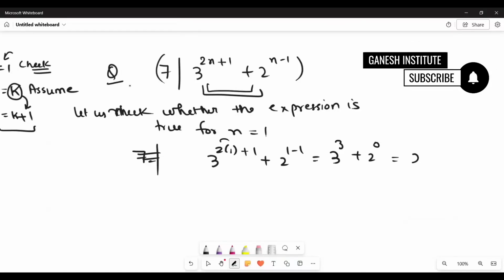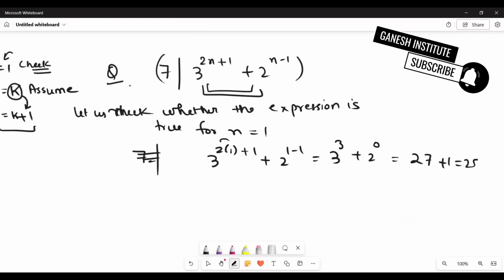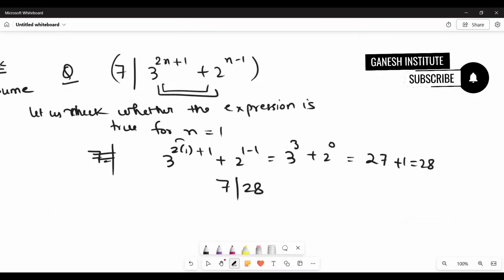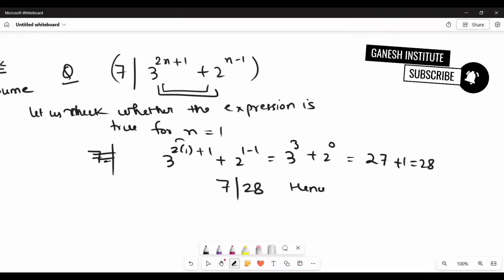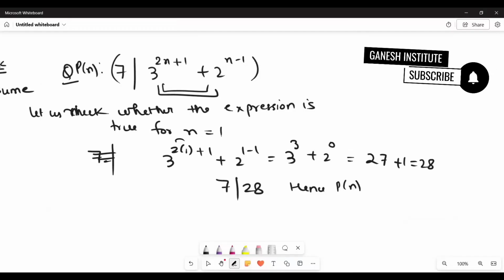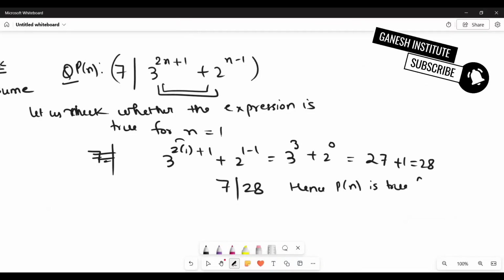So it is 27 plus 1, which is 28, and that is divisible by 7. Hence you can assume it as Pn. So Pn is true for n equals 1.